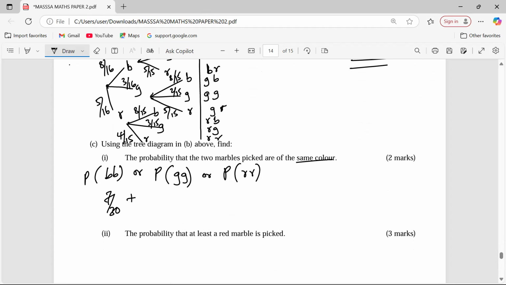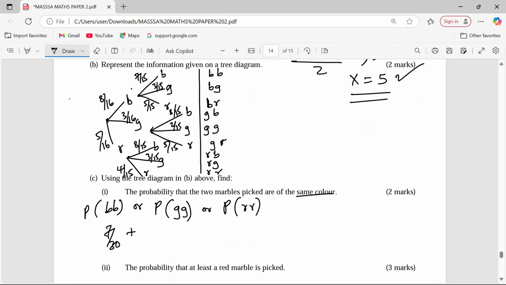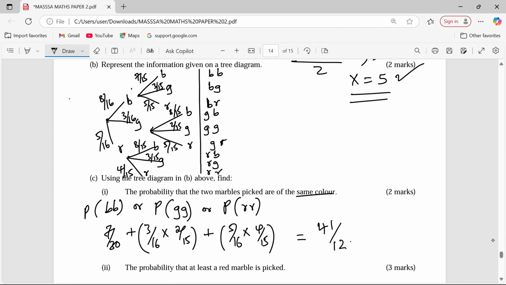So to pick green followed by green means 3 over 16 followed by 2 out of 15. Now picking red followed by red means 5 over 16 followed by 4 out of 15. And this, when computed, will give us 41 out of 120. Very simple.